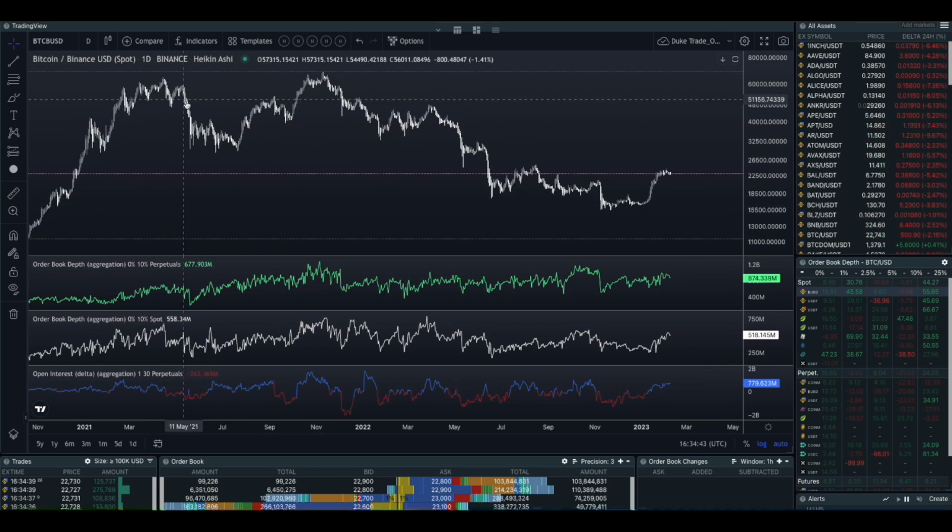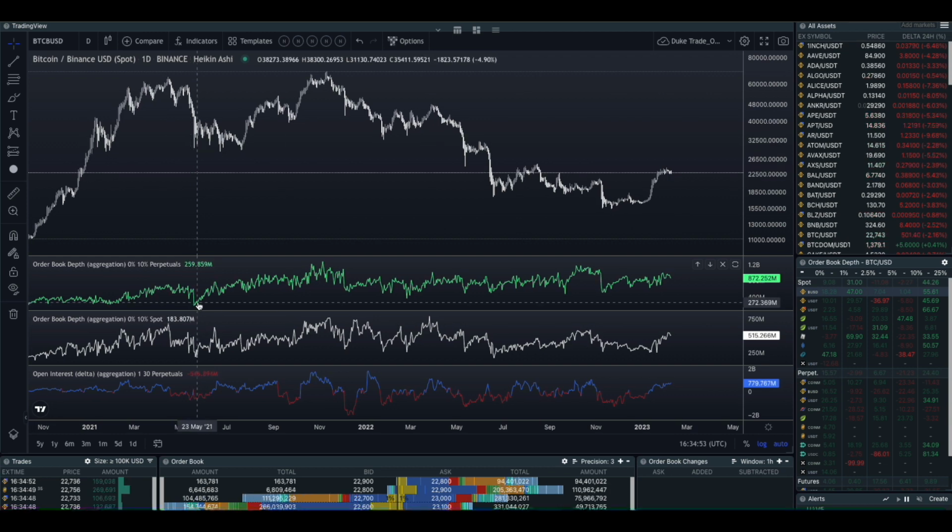As price comes down off the back of that first initial all-time high, what happens? Liquidity drops. This is what you call liquidity dropping. Markets being flushed, traders are out of the market. Same with spot, same with open interest. Now, why is that?